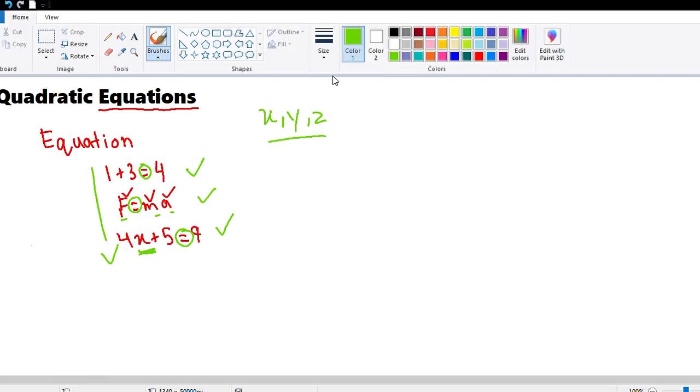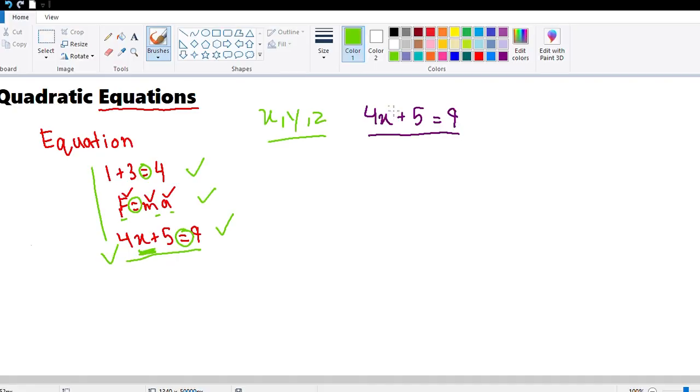So in an equation like this, which has a variable, let me write it right over here: 4x plus 5 equal to 9. This equation over here is a linear equation. Why?